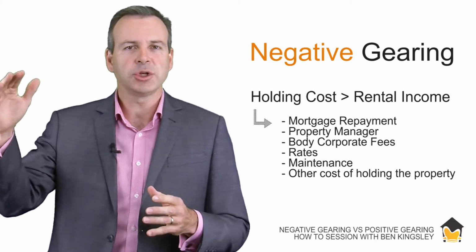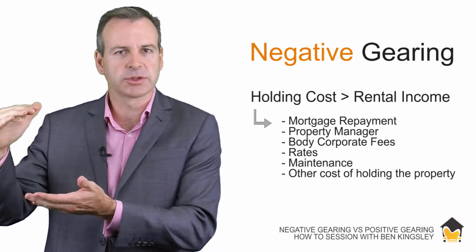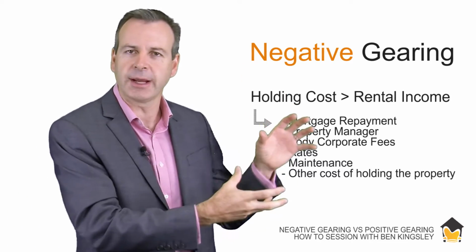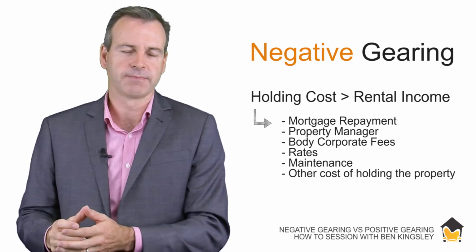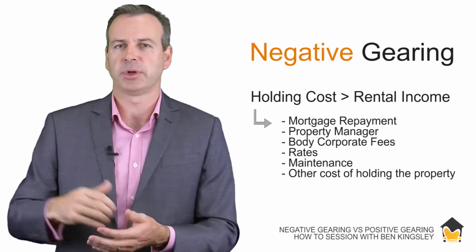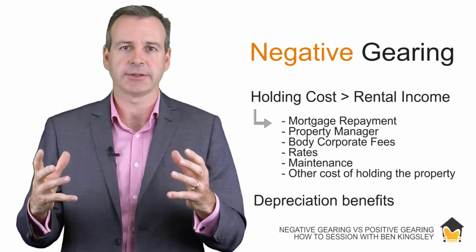Once you add all those up, so you've got your income coming in and then you've got all your costs, you're left with a negative. So that's where our income from our other activities needs to support that. Now, in addition to that, or what can improve that picture, is what we call depreciation. Depreciation is in relation to what a house does.